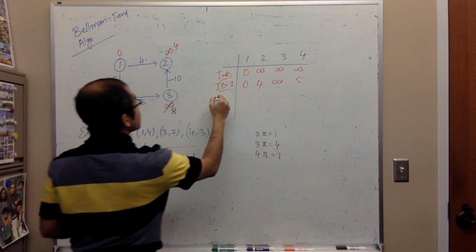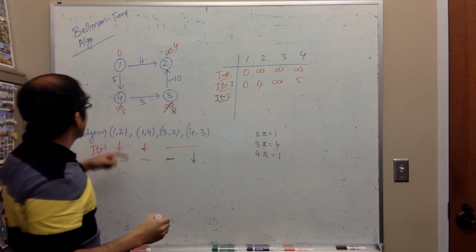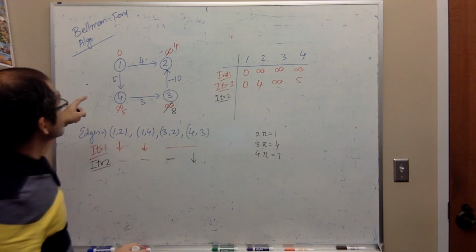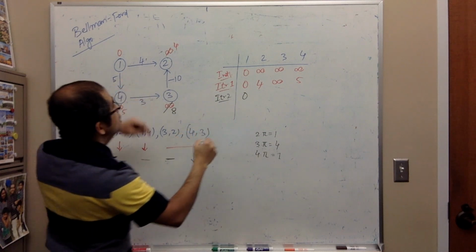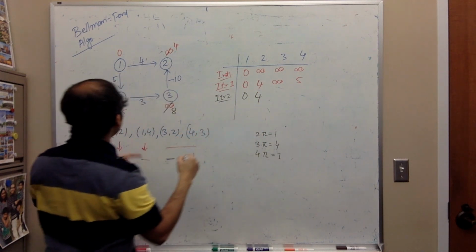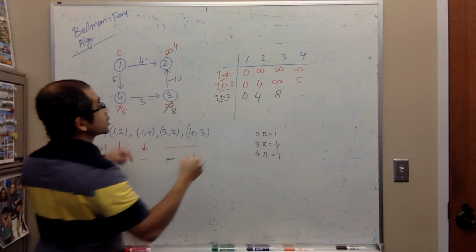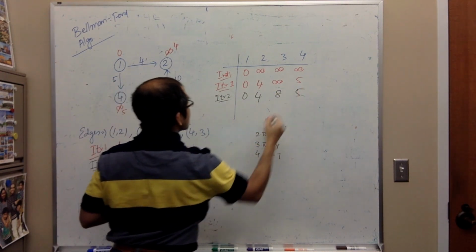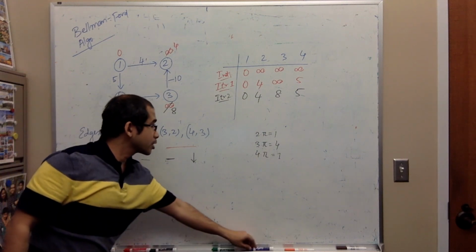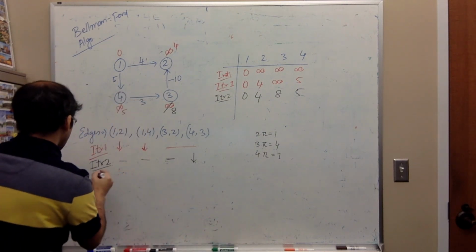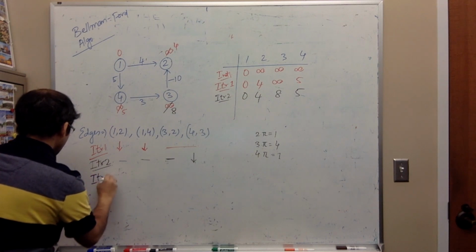So at the end of iteration 2, the distance estimates are: 1 is 0, 2 is 4, 3 is 8, and 4 is 5. Okay, so the second iteration is complete. Now we go for the third iteration. I use the purple color here. So this is iteration 3.